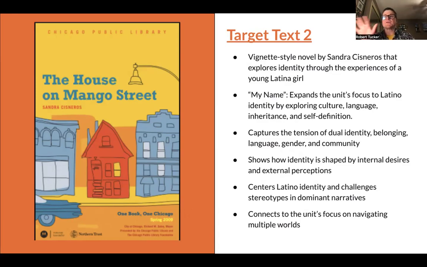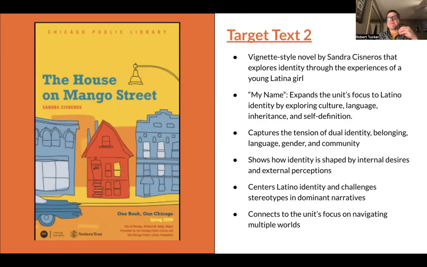In this vignette, it's talked about what is beautiful about her name, not Sandra, but the character in the book, as well as what maybe she doesn't like as much from the perspective of the dominant American culture, right?